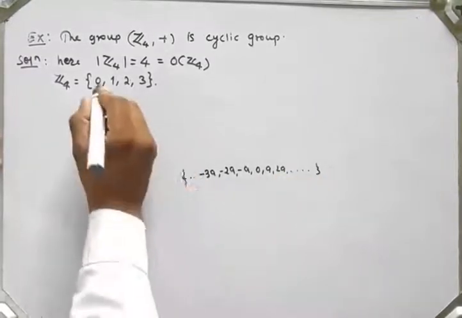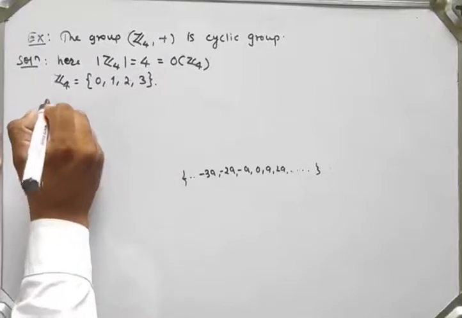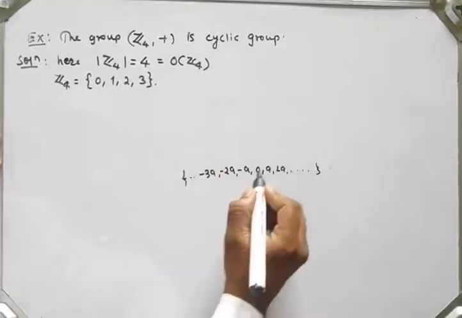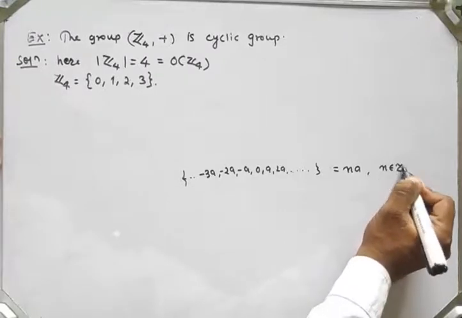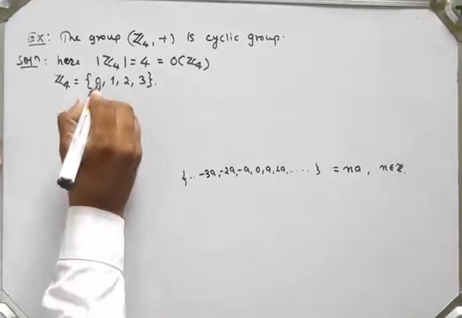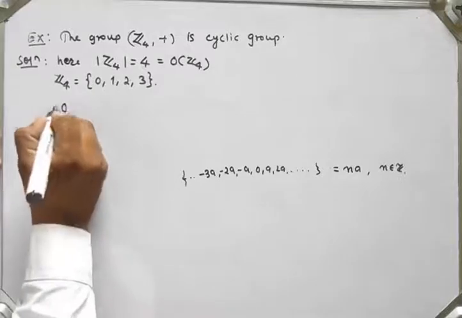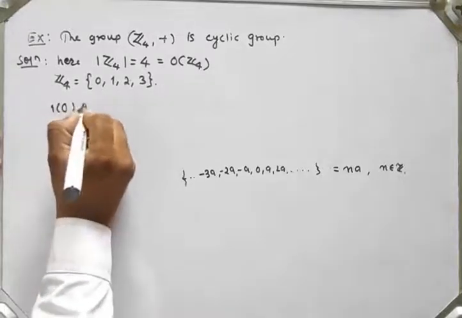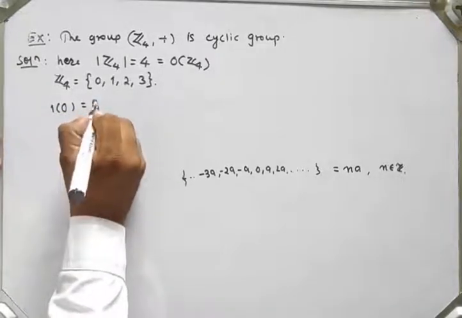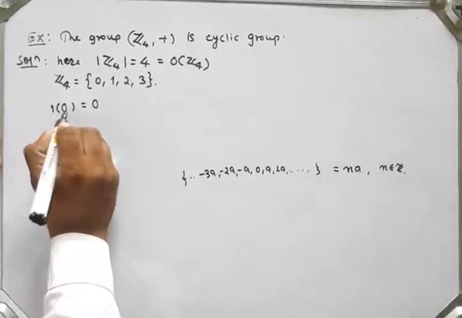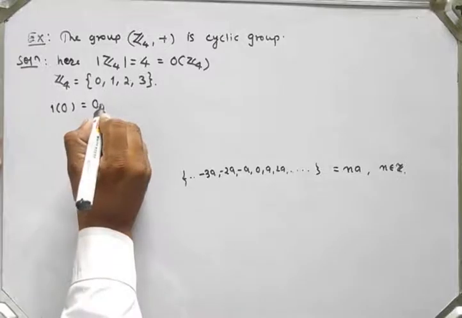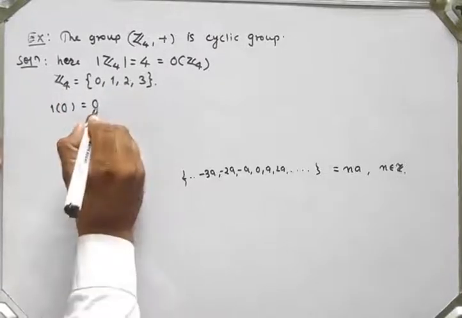Now, what is the order? The definition uses n into a, where n belongs to the set of natural numbers. The first element is 0, so I take 1 into 0. 1 into 0 is 0, meaning 0 is added 1 time, which is 0.